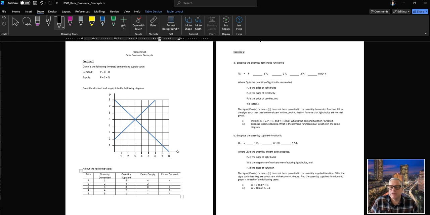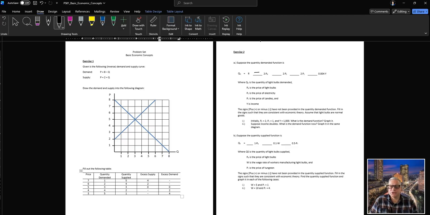So when the price of the light bulb goes up, quantity demanded would go down, or if the price of a light bulb would go down, quantity demanded would go up. So it's an inverse relationship, meaning we have to put in here a negative sign. What about E, the price of electricity?